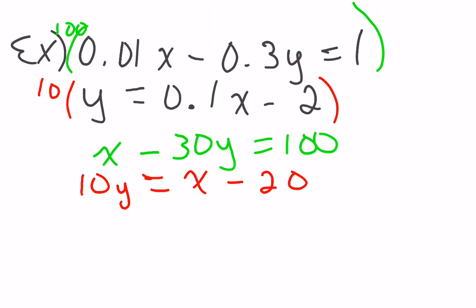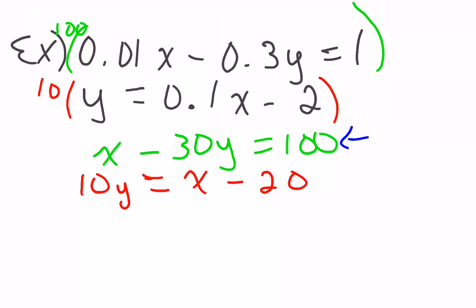Now, what if we needed to go further and actually find the solution? So this is where we use our skills that we've seen in previous lessons in either using substitution or elimination. Either one, totally fine. I'm going to look at the top one right here, and I'm going to solve it for x.